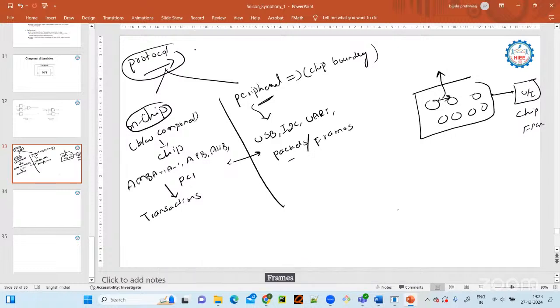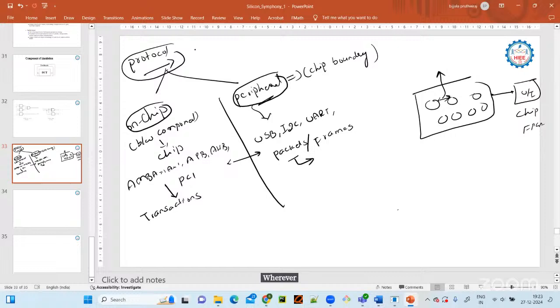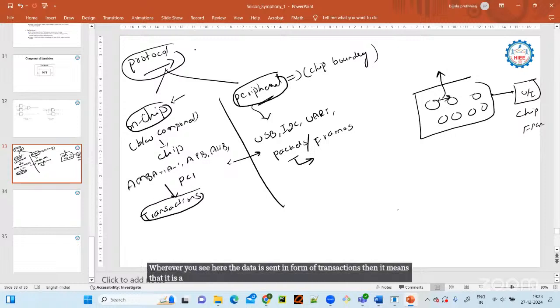Wherever you see a packet being sent from component 1 to component 2, you should understand that this is a peripheral protocol. Wherever you see the data is sent in the form of transactions, it means that it is an on-chip protocol.